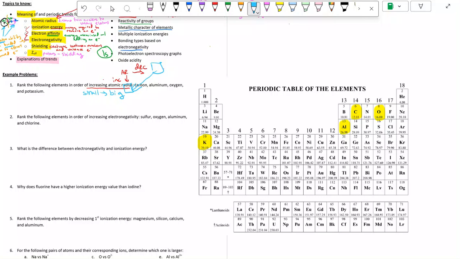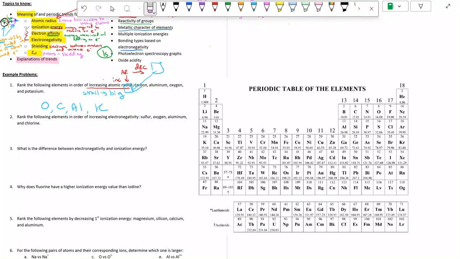So we're asked to go this direction. And so we can look at these elements where I've highlighted and say, okay, the smallest is going to be oxygen, then carbon, then aluminum, and then potassium. Okay, going that way, smallest to biggest. Okay. All right, so if they just ask you to rank like that, that's all you have to do. You don't have to explain them. We're definitely going to have to explain some things.